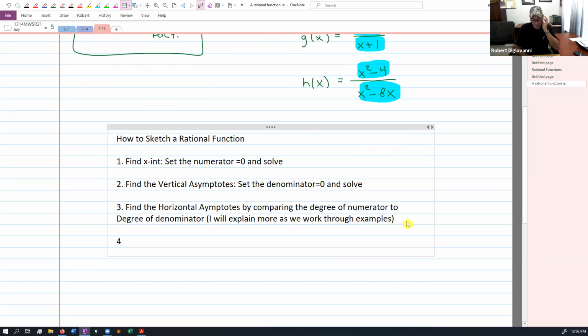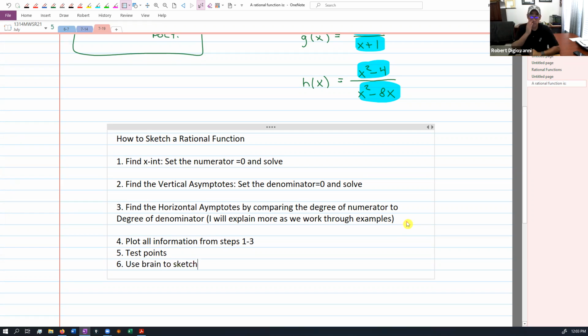Now, the 4th step is to plot all information from steps 1 through 3. Step 5 is test points. And step 6 is use your brain to sketch.